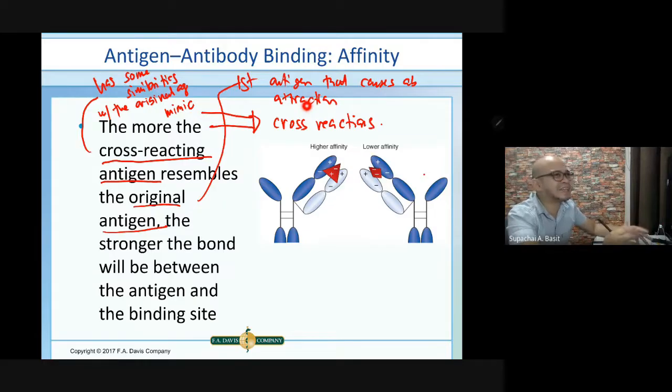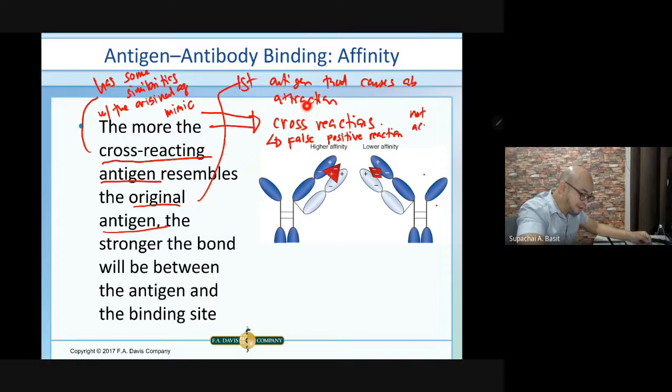Well, that is not good in the context of serological tests because cross reactions can result in false positive reactions. And of course, if the reaction is false positive, then it is no longer accurate.